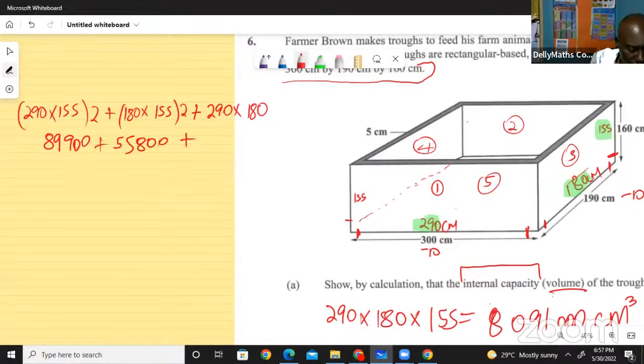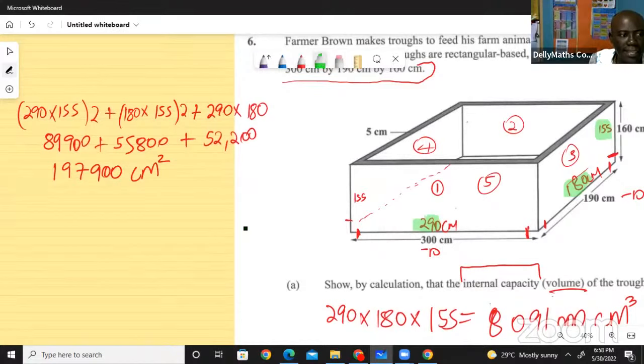Plus 290 times 180, and we're getting 52,200. Now, putting everything together: 89,900 plus 55,800 plus 52,200. We're looking at a total of 197,900 cm squared.